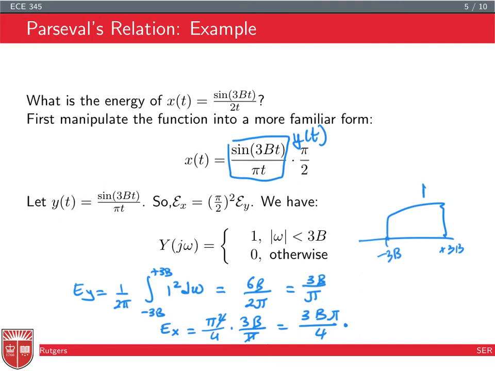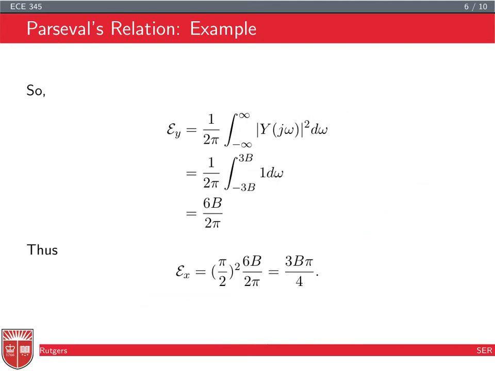And you can easily see that computing this integral is much easier than computing the integral of the sinc function of sine t by t. So in that sense, sometimes Parseval's relation can be handy. And the slides here give a more detailed derivation of the results.